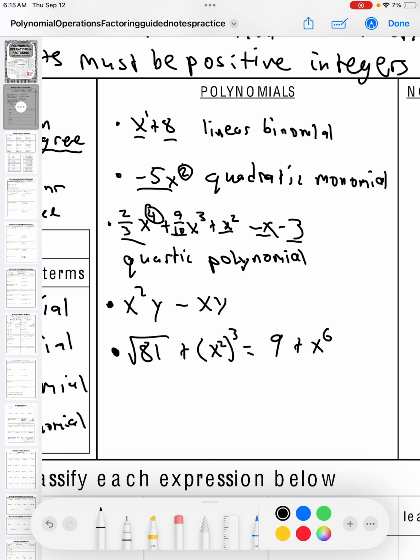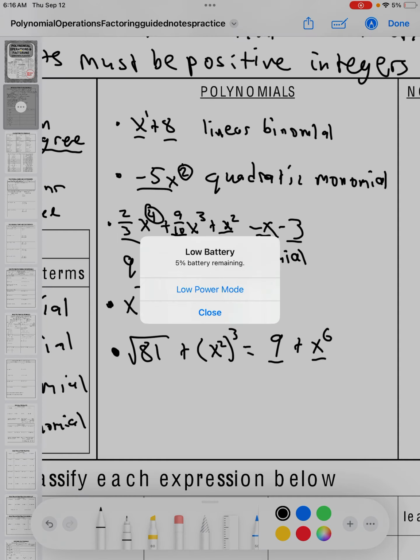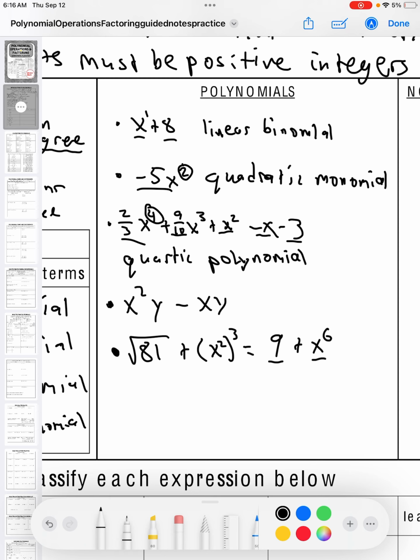So this would be 9 plus x to the 6th. This would be a binomial because there's 2 terms, but because the exponent is 6, which is higher than the ones we know how to name, this is just going to be a 6-degree binomial.